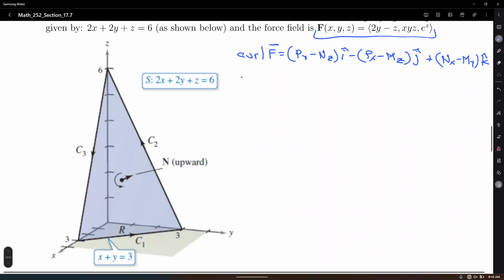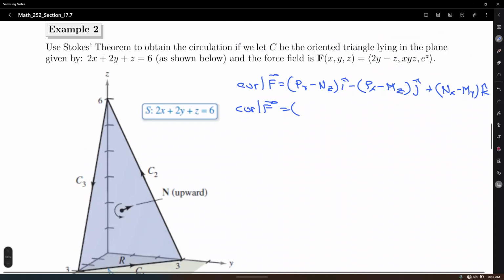All right, so curl of F. Again, let's label this as our M, N, and P.